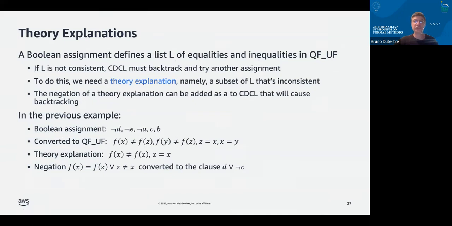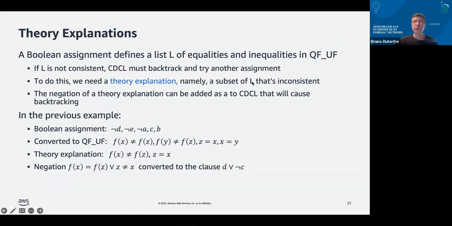This set of constraints is inconsistent. You want to compute a theory explanation. In general, a theory explanation is just any subset of L that's inconsistent on its own. So in the worst case, you can just pick L itself. But just picking L itself is usually not very good. What you want is a smaller explanation, the smallest possible explanation you can get.